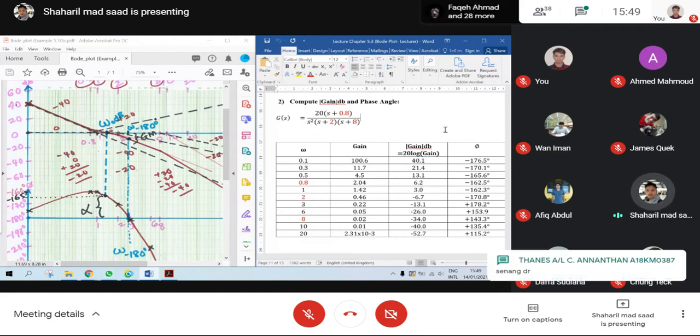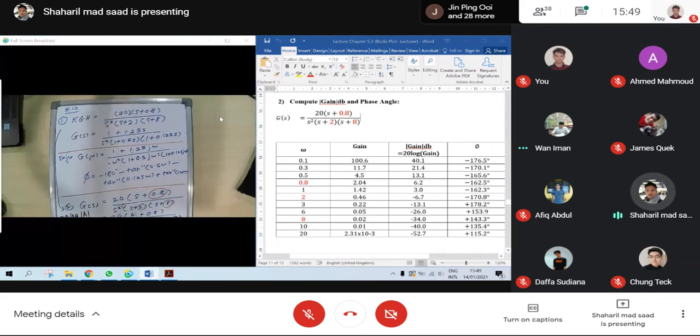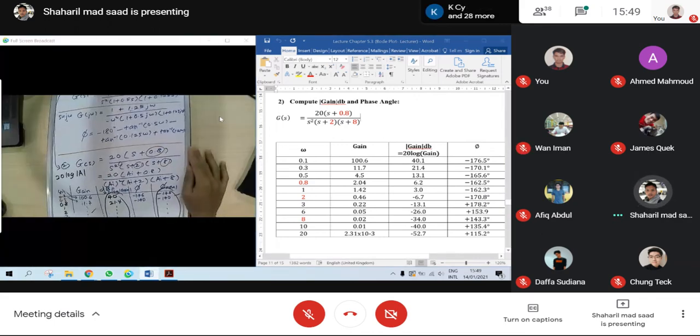So which one is the easiest one? Okay, senang. Okay, good. Alright. So now you don't have any issue about the Bode plot anymore, right? Because it's the same as the Nyquist diagram before.